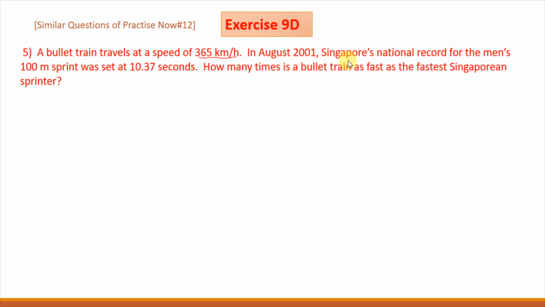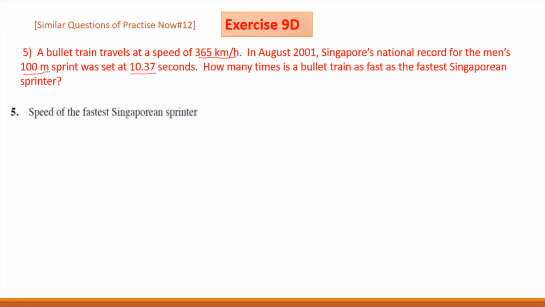In August 2001, Singapore's national record for the men's 100 meter sprint was set at 10.37 seconds. How many times is a bullet train as fast as the fastest Singaporean sprinter? Let's start our solution.